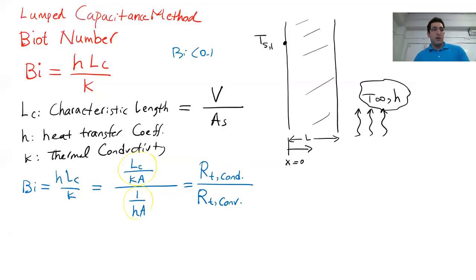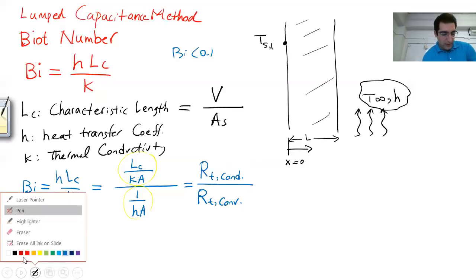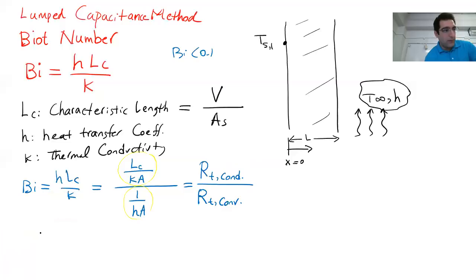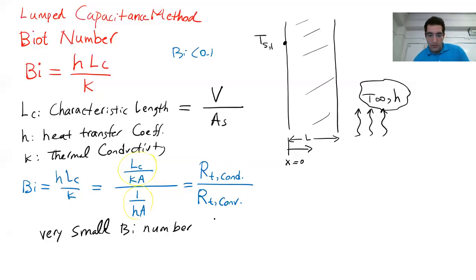So if the Biot number is small, what does that mean? A very small Biot number means the resistance by conduction is much smaller than the resistance by convection.